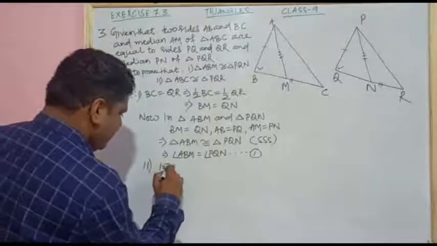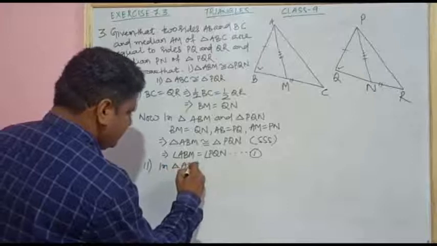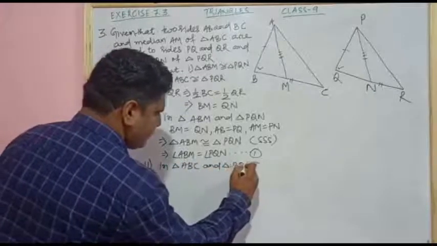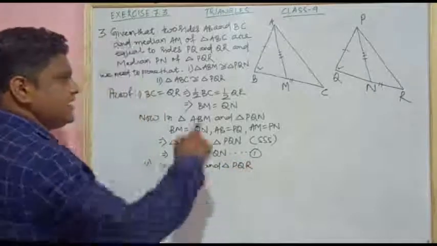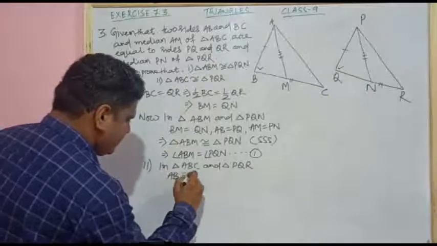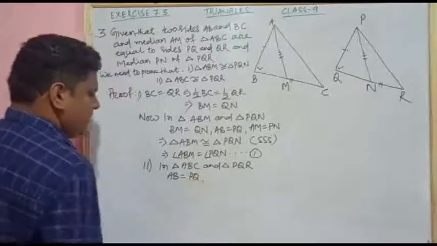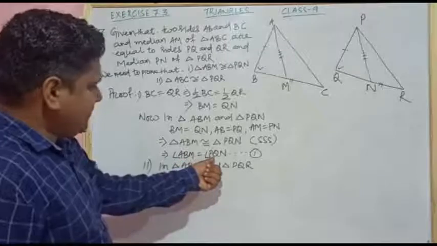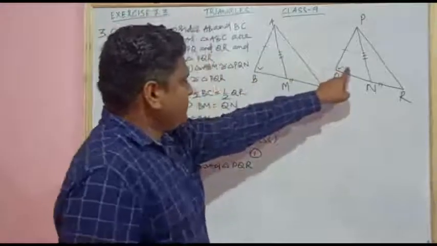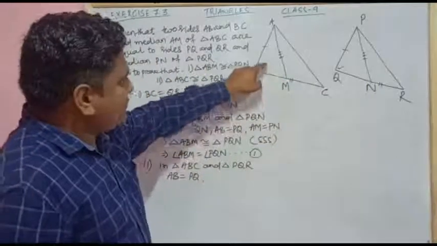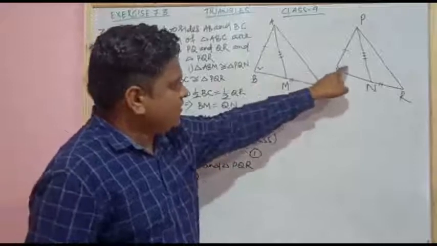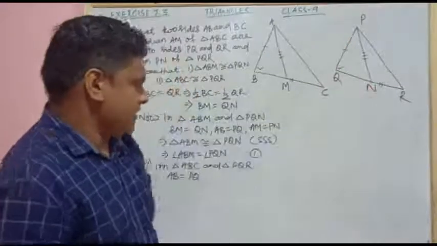So in triangle ABC and triangle PQR, it is given that AB is equal to PQ. We have proved ABM and PQN, both angles are equal. This angle and this angle are equal. Means this angle can also be written as angle ABC, and this angle can also be written as angle PQR.